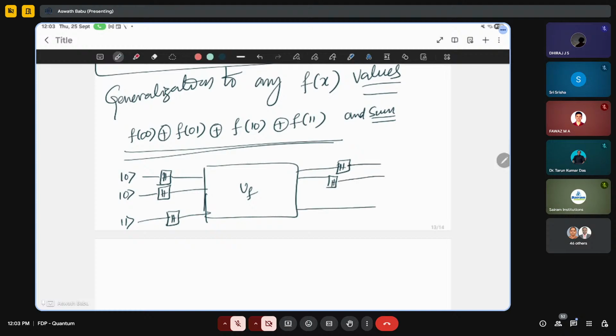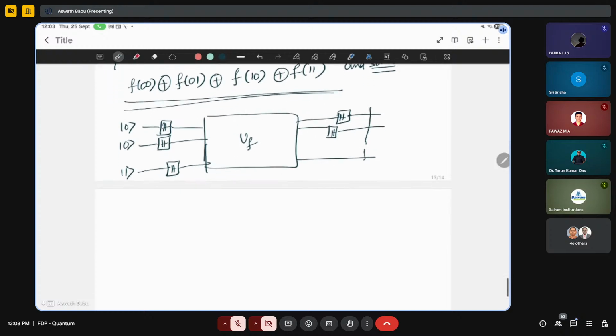This would give me at the output side plus or minus all the functional sum, with the negative superposition.